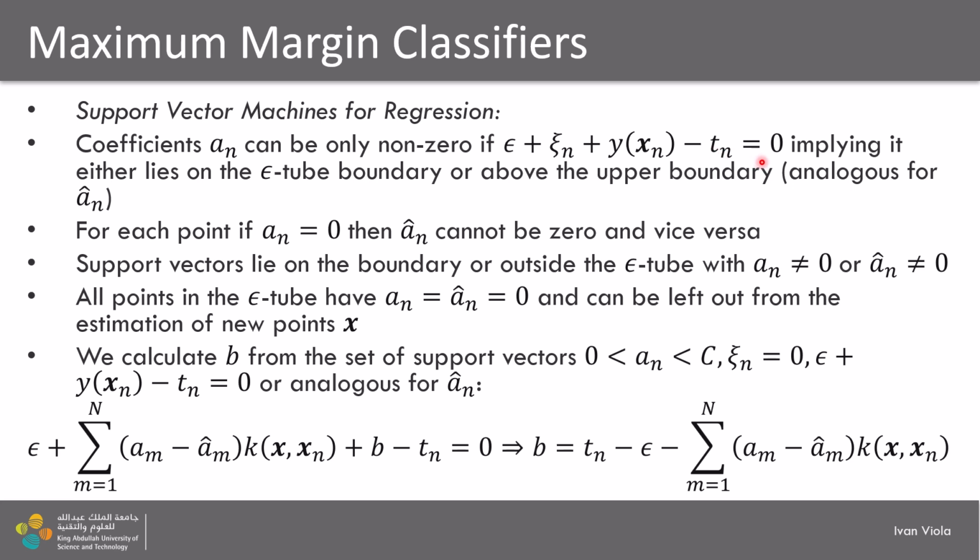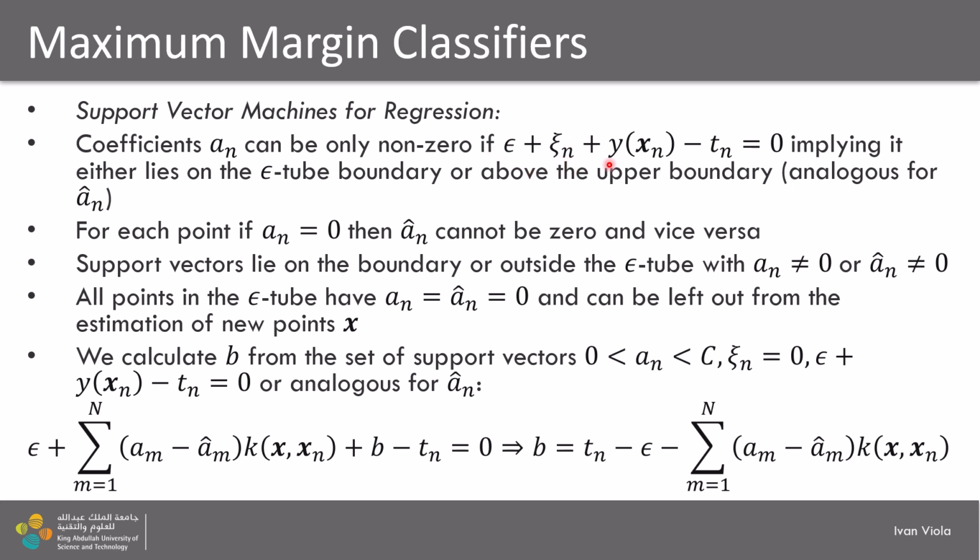This equality can never be satisfied for any points which are within the epsilon tube, because this value plus this value is already bigger than minus t_n, and xi_n is a non-negative quantity.